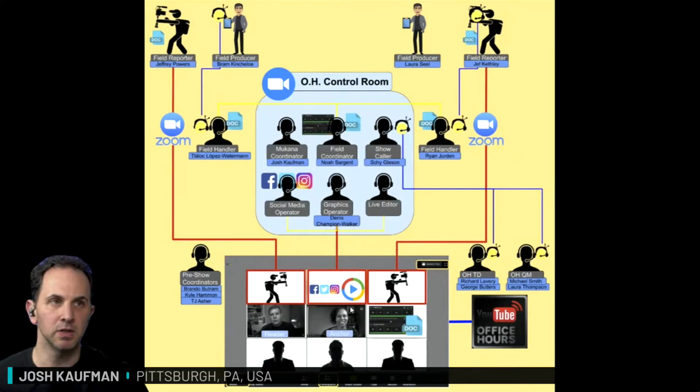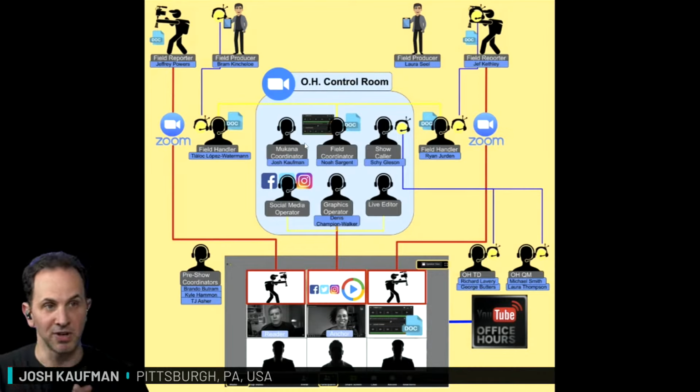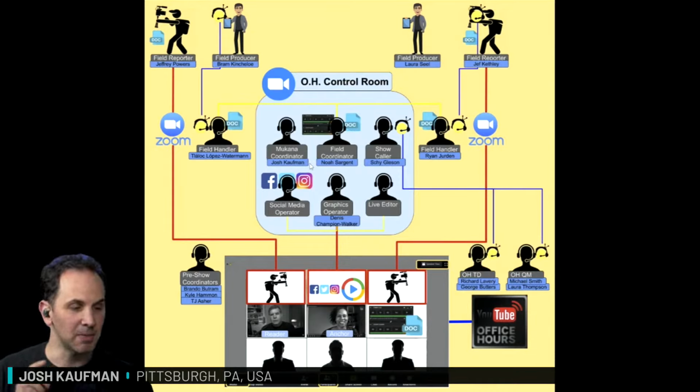So this is basically like an office hours API where we plugged the augmented portions into the existing formats and modified some of the roles. For example, the TD would be taking directions from the show caller, and they would be on the air with the Unity comms. The question manager would be doing the regular job, but there was a Mukana coordinator where we were curating. We didn't know that we had some moderation things in the background, but that would be helpful for next time. But then we were able to have a couple of different paths.